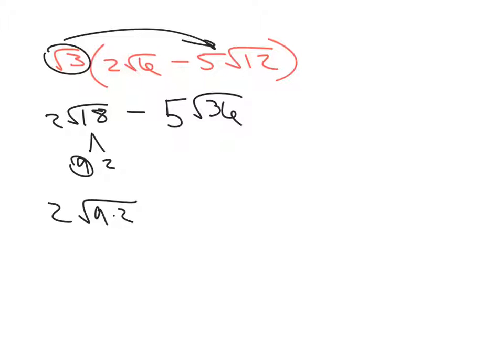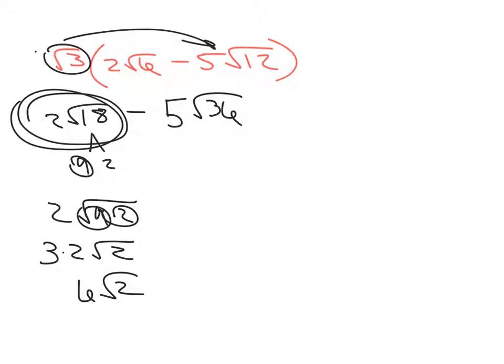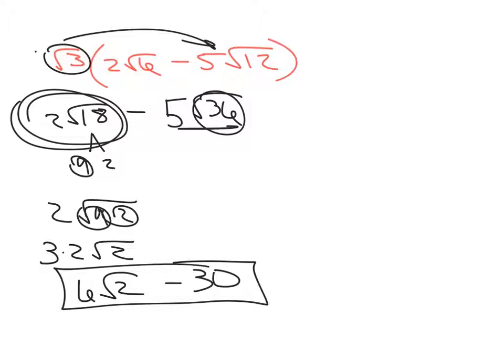The square root of 9 is 3, so I bring the 3 out, and square root of 2 is left in there. So I have 6 square root of 2, minus square root of 36 is 6, so 6 times 5 is 30. And that ends up being your final answer there.